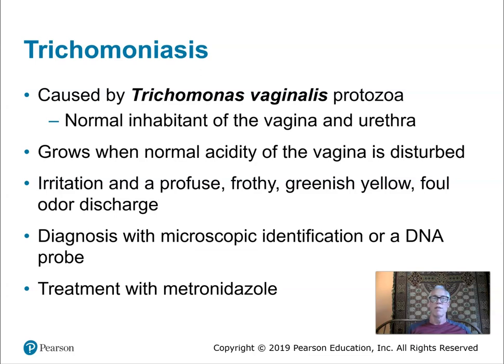Remember we said that vaginosis is associated with a fishy smelling profuse discharge. Now we have a foul smelling, frothy, greenish yellow discharge. So that's how you can tell apart vaginosis from trichomoniasis, Trichomonas vaginalis.